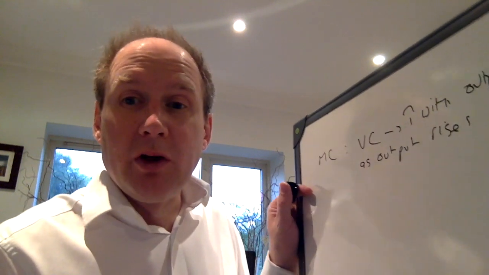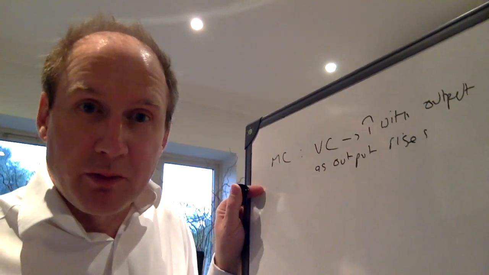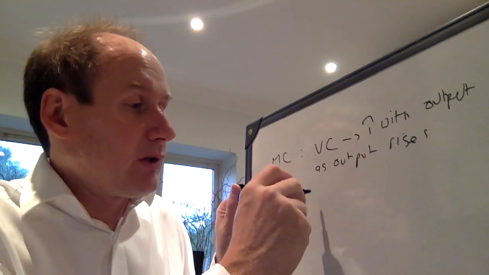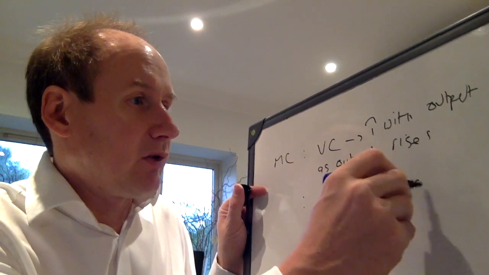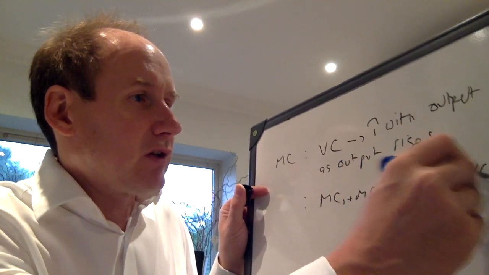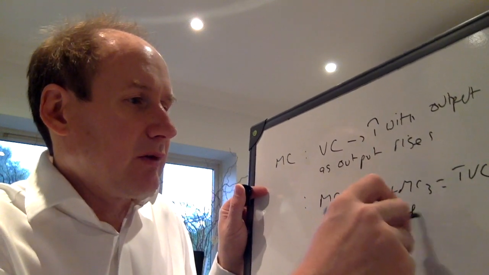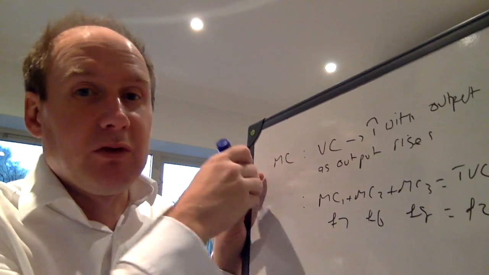We said it was useful for determining the firm's profit maximising output, and we also said that if we add up marginal cost, the marginal cost of the first unit plus the second unit plus the third unit, then that gives us the total variable cost of 3 units. If that was 7, that was 6, that was 8, add that up, that's 21. 21 would be the total variable cost of 3 units.